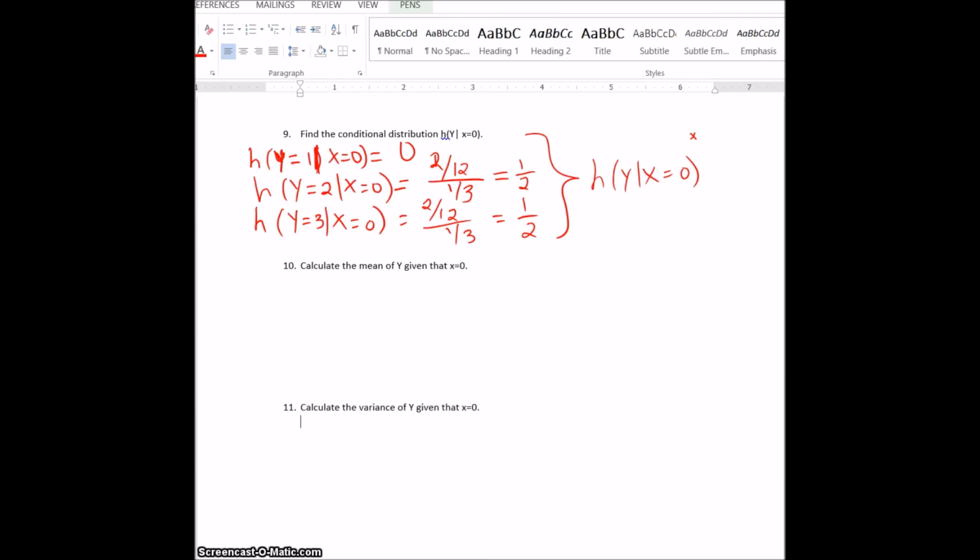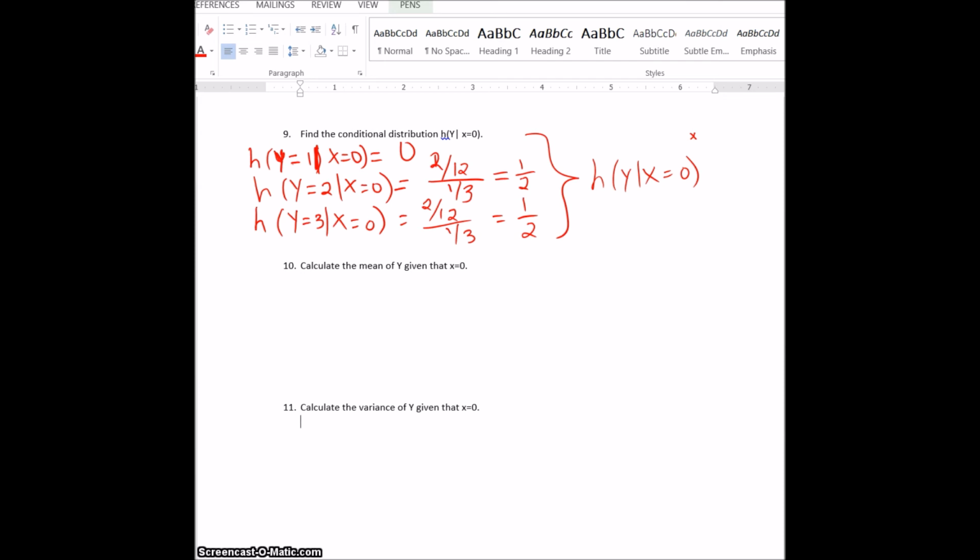Okay, so now we want to calculate the mean of y given x equals 0 and the variance of y given that x equals 0. We have the conditional distribution of y given that x is equal to 0. And in order to calculate the conditional mean and variance, we need to use this conditional distribution.